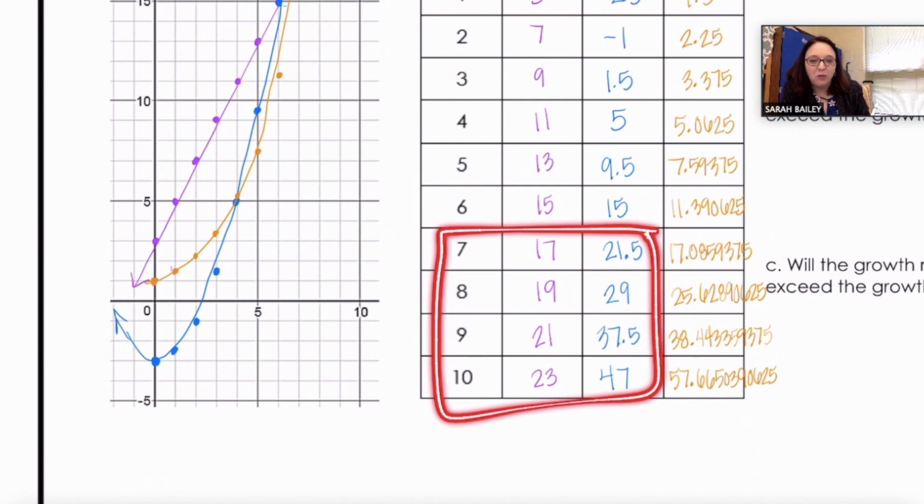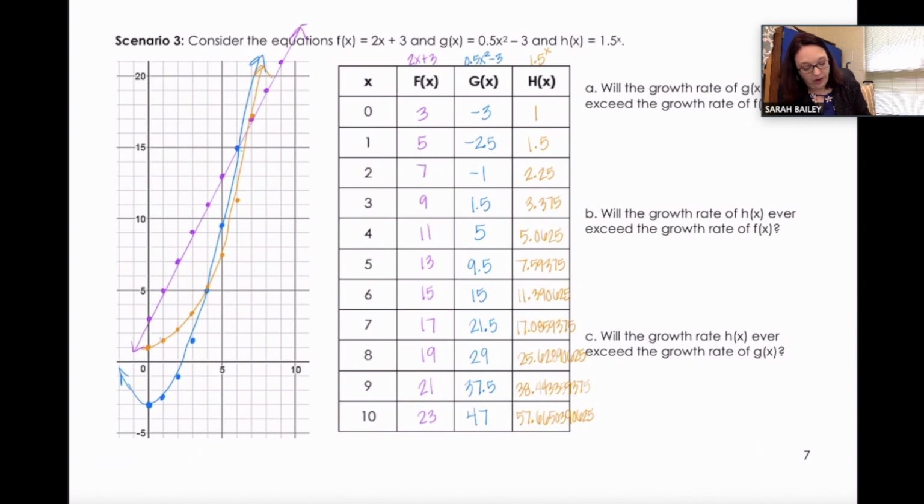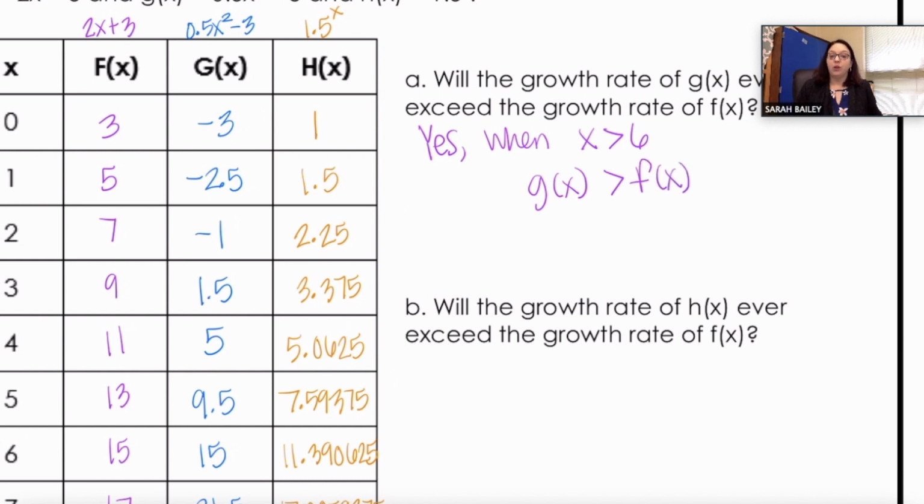That's the simplistic way to think about it, right? So yes, when x is greater than 6, then g of x will exceed or be greater than f of x, okay?